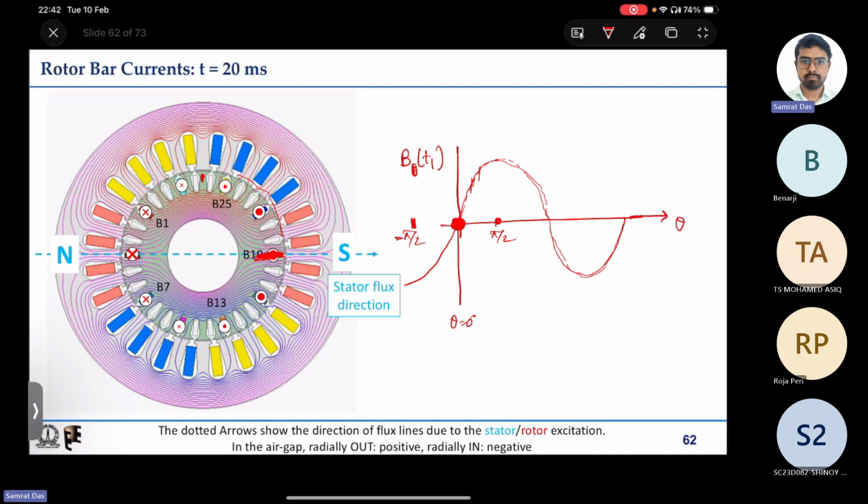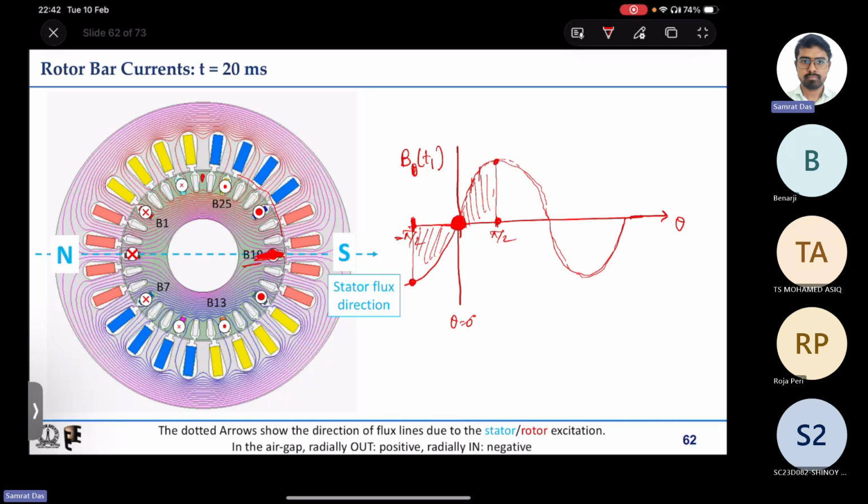You integrate the B from minus pi by 2 to pi by 2, and that gives you the flux linkage for that conductor or bar. In this case B19 is at theta equal to 0, and at minus pi by 2 it is minus peak, and at pi by 2 it is plus peak. So if you do the integration, this area is equal to that area. There is no net flux linking the B19 coil.